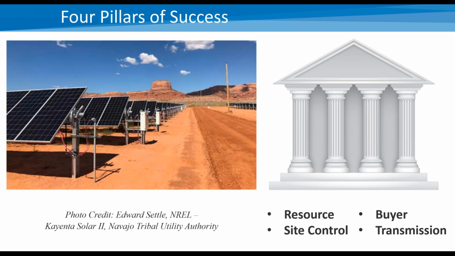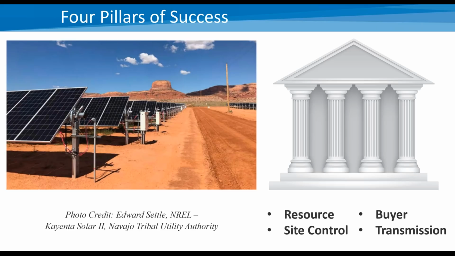For me, just based on my experience and how I've worked, I tend to use this 4 pillars of success approach. And I basically just think of it in these 4 buckets. Resource, making sure you've got a strong sun resource or strong wind resource or whatever you're looking to develop. 2, that you have site control or can secure site control to advance the project. 3rd, looking for a buyer for the product that you're going to be producing.